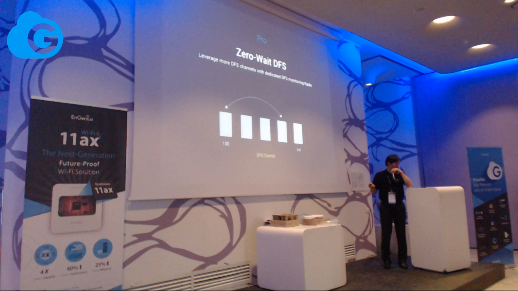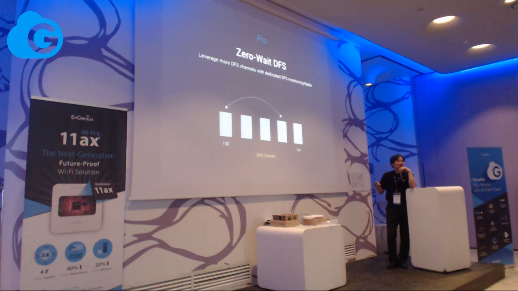So using this new hardware technology in our AP, we can do zero-wait DFS. Because especially in Europe, there are very few bands you can use, so it's better that you can leverage the DFS channels to get better performance. However, there are some rules when you are using DFS.